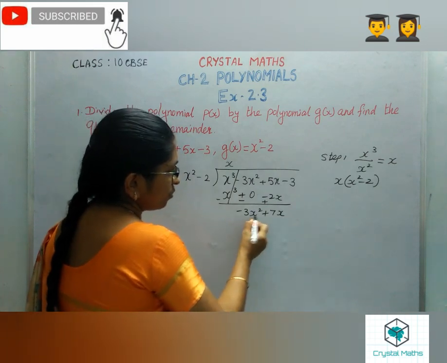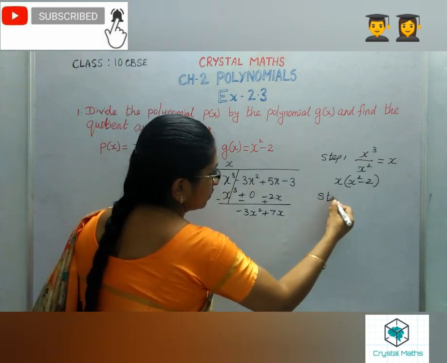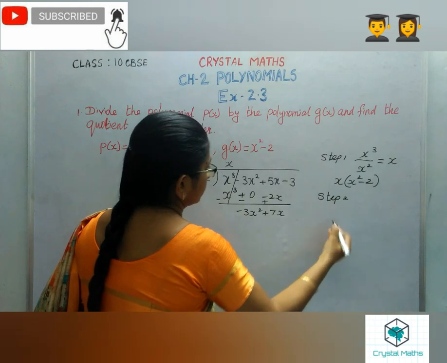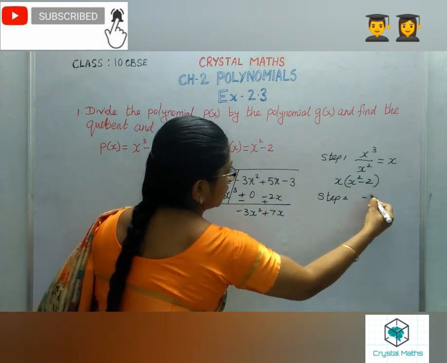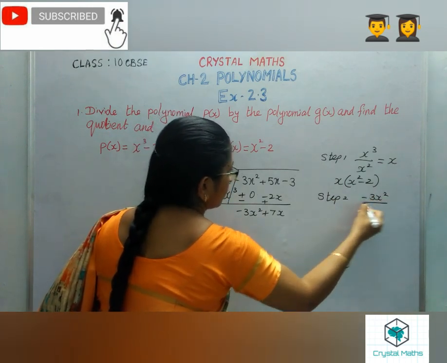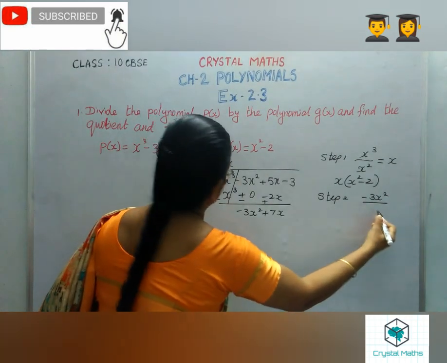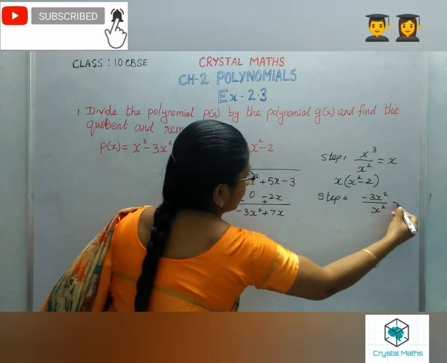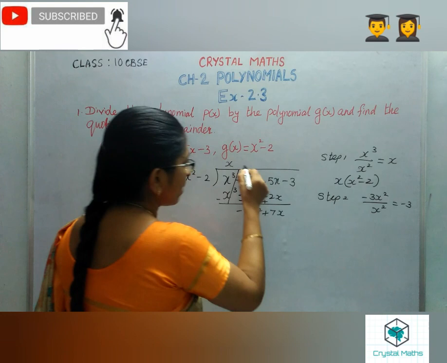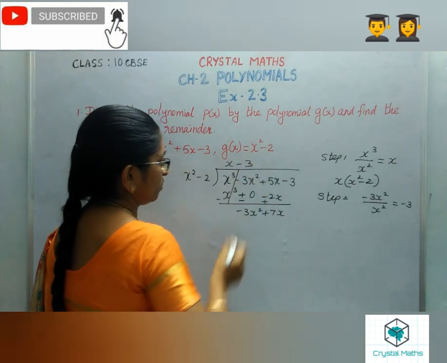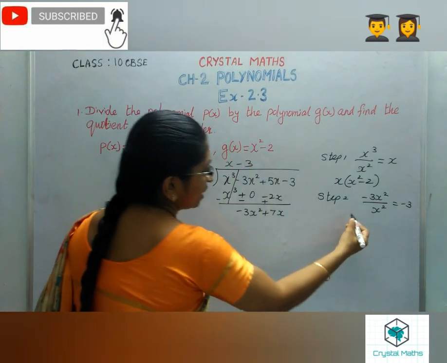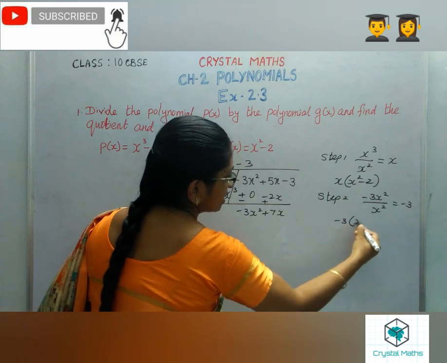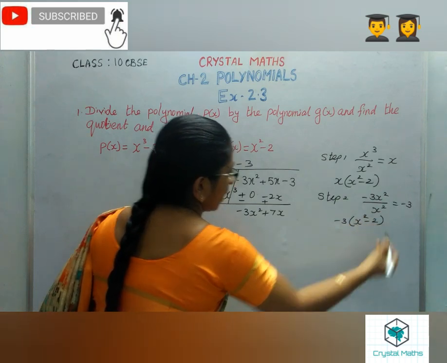Then the same procedure in step 2. First term by first term of the divisor, so the answer is minus 3. Write that minus 3 in quotient place and multiply that minus 3 with the divisor x square minus 2.